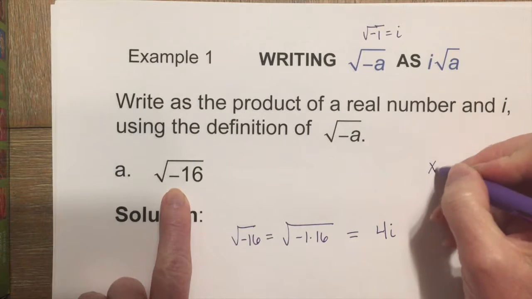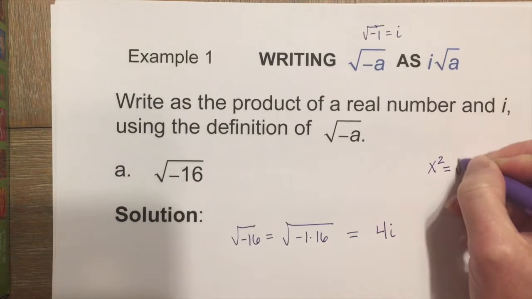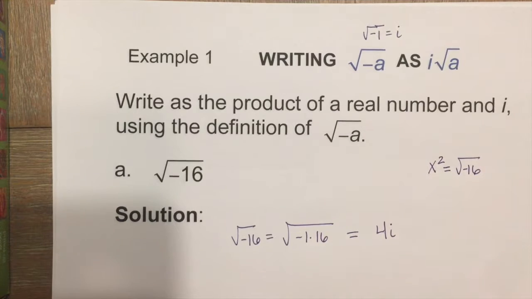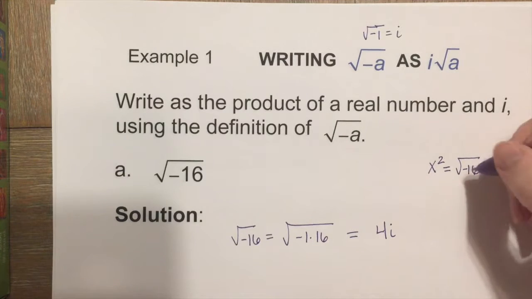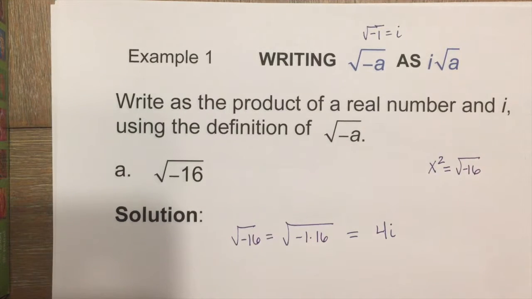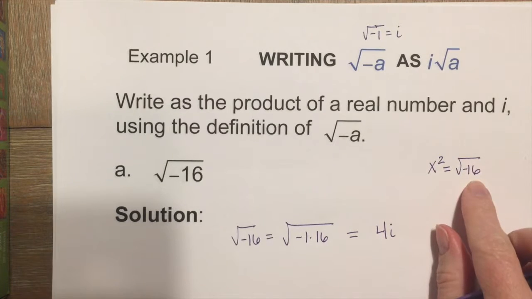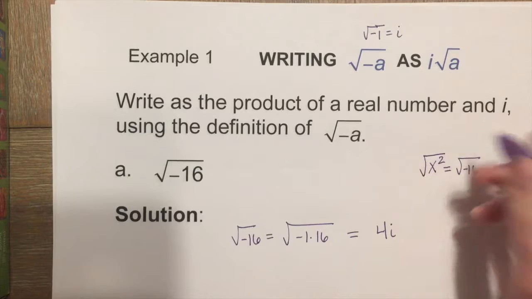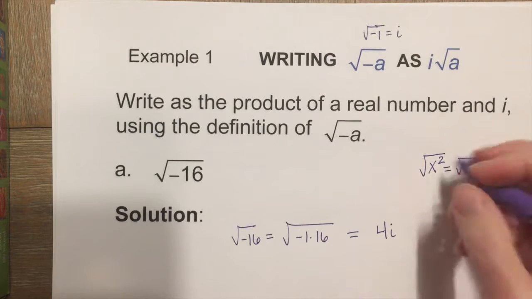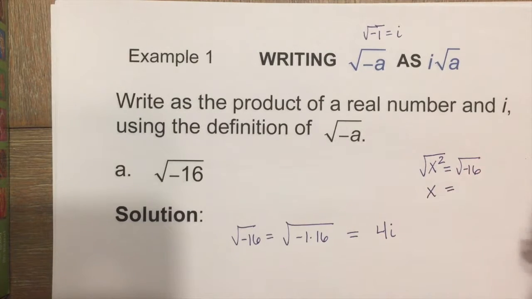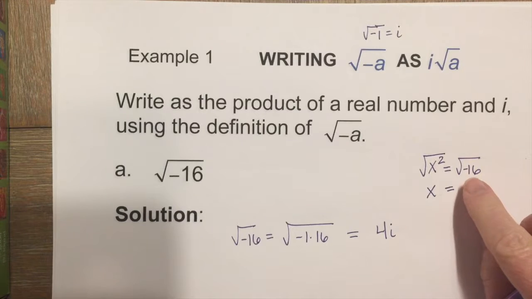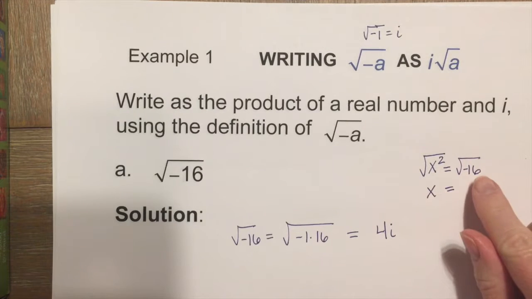The moment I change this to be x squared equals -16, I'm sorry, I shouldn't have put the negative there. Pretend the negative's not there. I'm sorry, the square root symbol. If I had x squared equals -16, I would take the square root of both sides, and I would get x equals. Now that I have a quadratic equation, I know that the square root of 16 would give me a plus or minus 4.